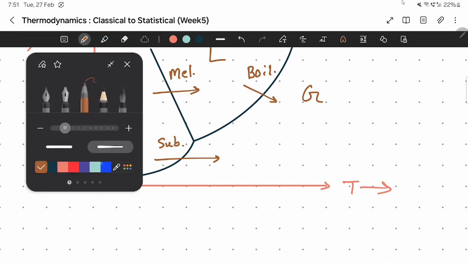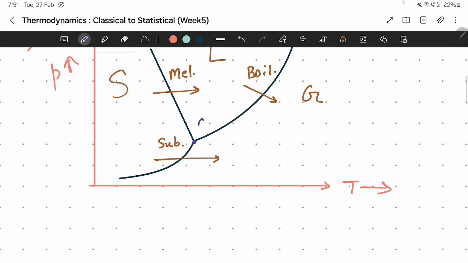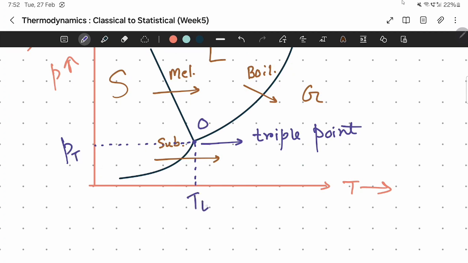So this is the triple point. This point, let's say O. This is the triple point, with the corresponding pressure and temperature for the triple point.